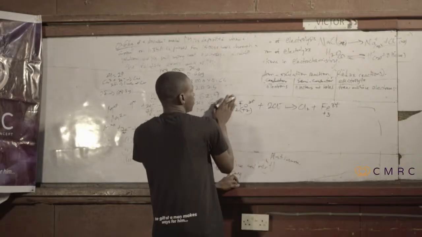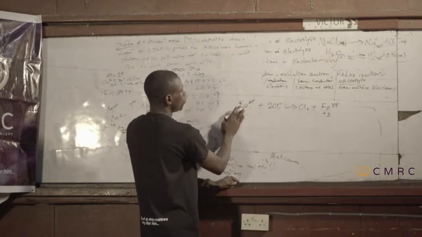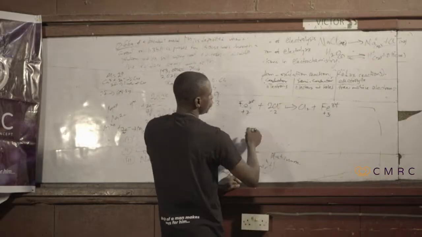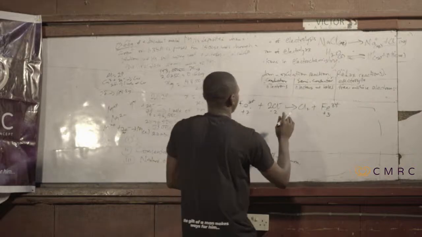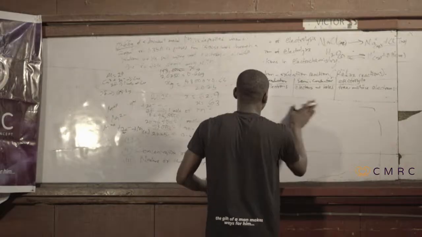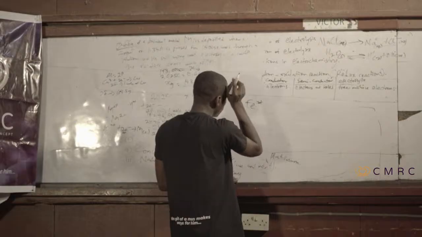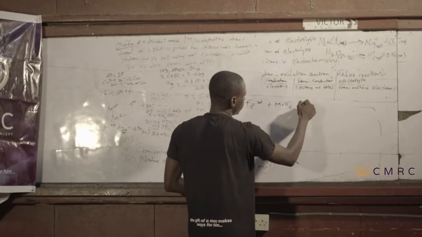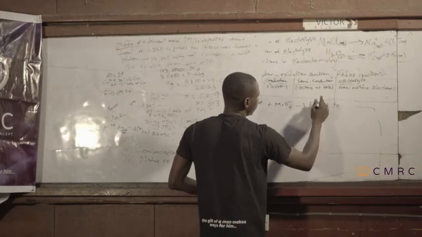So this one is plus 2 to plus 3, and this one is minus 1 to 0. Okay, that's not how it's supposed to be. Let me give another reaction. Let's say we have Fe2+ plus MnO4- to give us Fe3+ plus Mn2+.